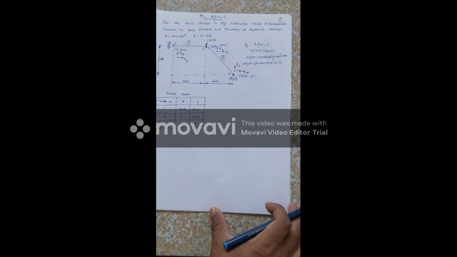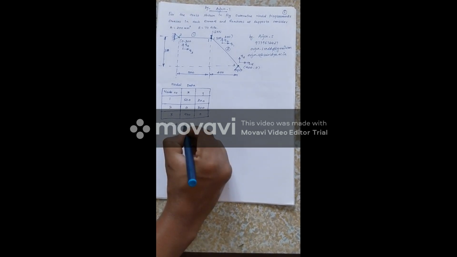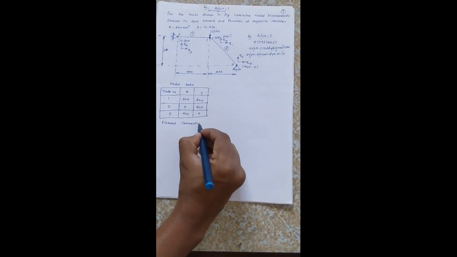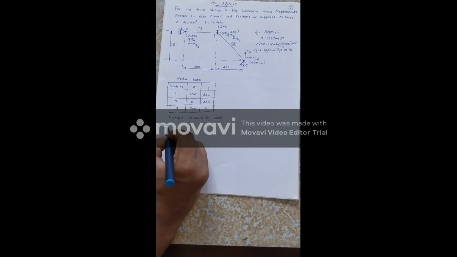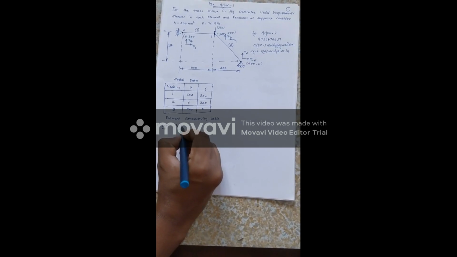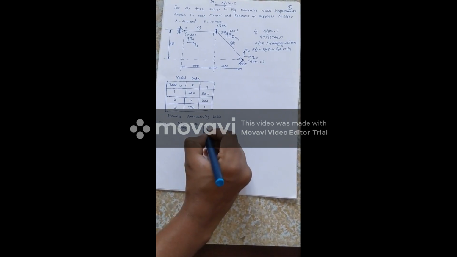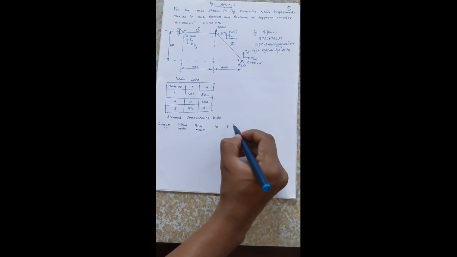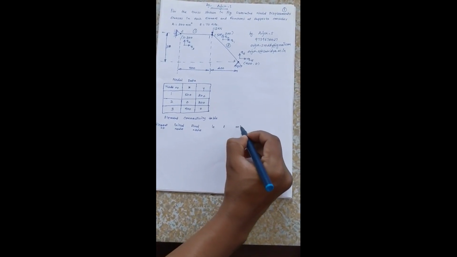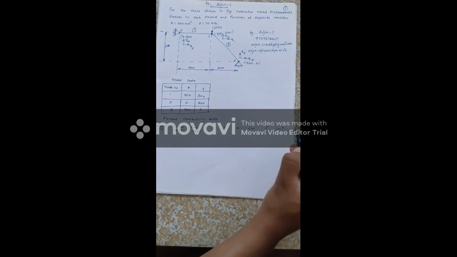After this nodal data, we will write the element connectivity table. In this element connectivity table, we will have element number, initial node, final node, length of the element LE, direction cosine L, direction cosine M, L into M, L square, M square.